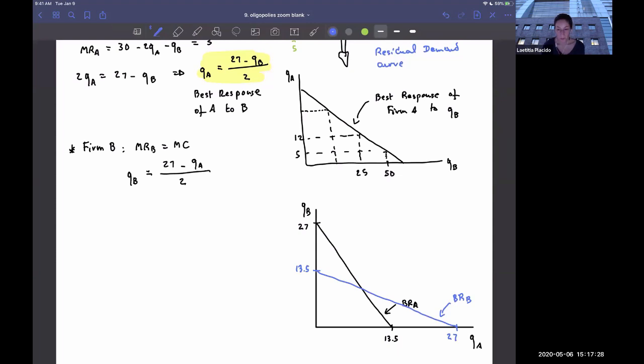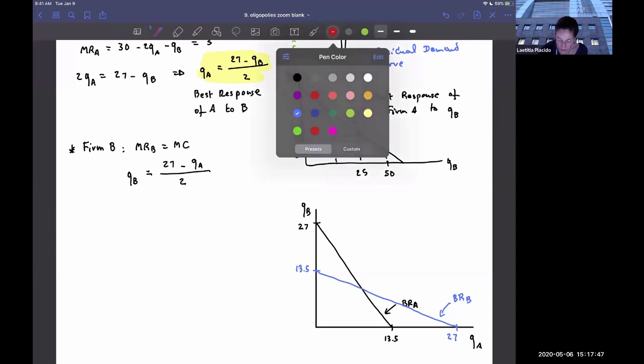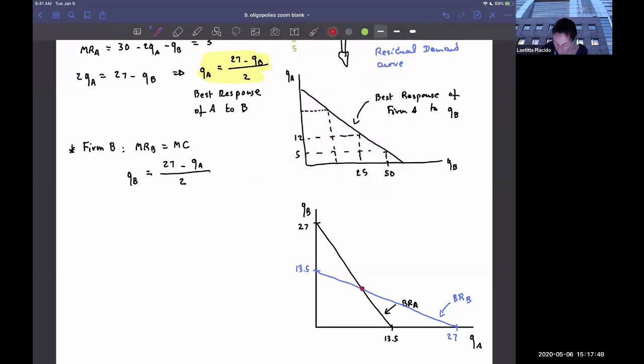So what is the Cournot-Nash equilibrium here? Remember, when we covered game theory, we said that the Nash equilibrium was the intersection of the best responses. So the Nash equilibrium here is going to be where BRA and BRB intersect.